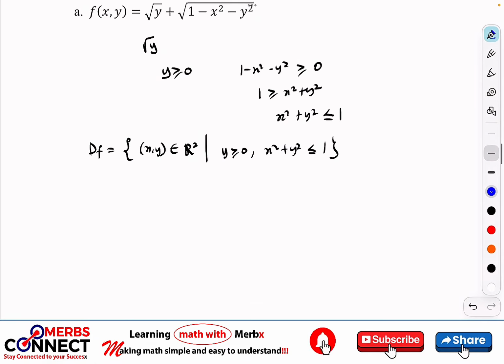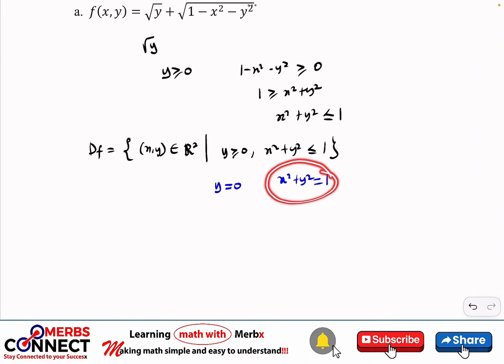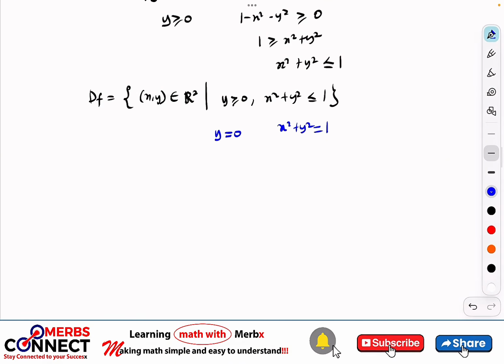So what we can do is, since we want to sketch the graph, I will set y to be equal to 0, and then x squared plus y squared to be equal to 1. So this is a circle with radius 1, and this is a line where y is equal to 0, which means we are on the x-axis. So let's try and then sketch this graph too and see what we are going to get.